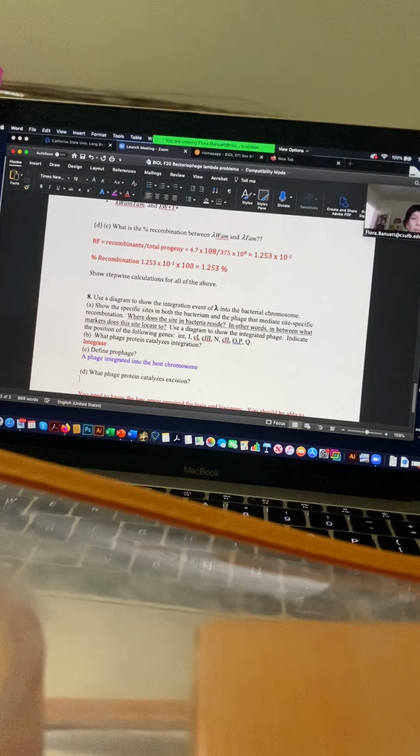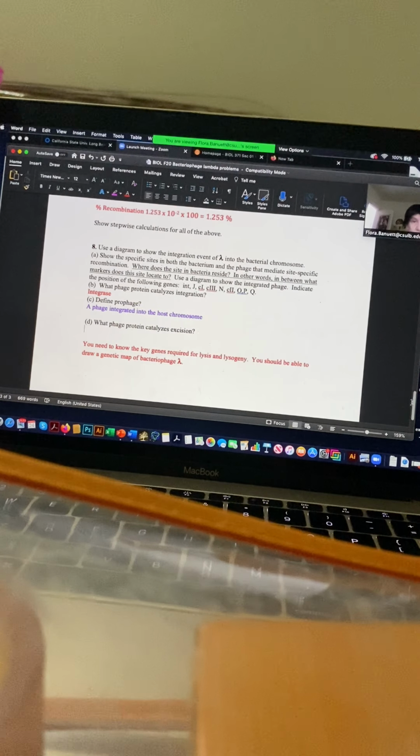And what protein catalyzes excision? Again, you need to notice this is in the readings. That's why doing the reading is important, because I don't talk about everything.